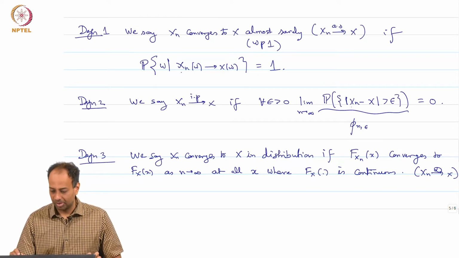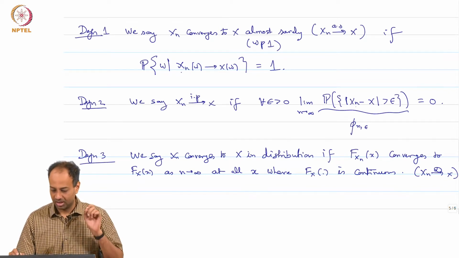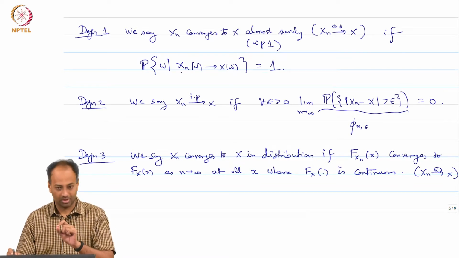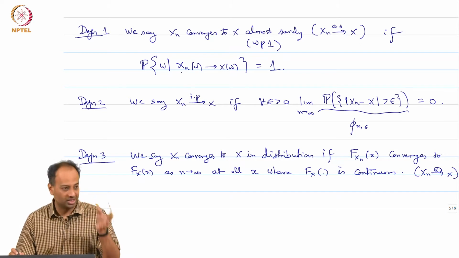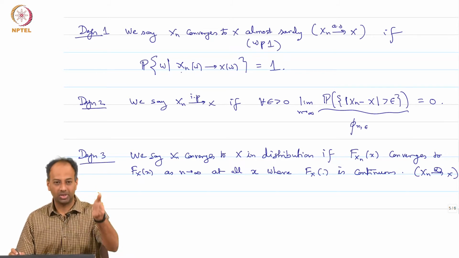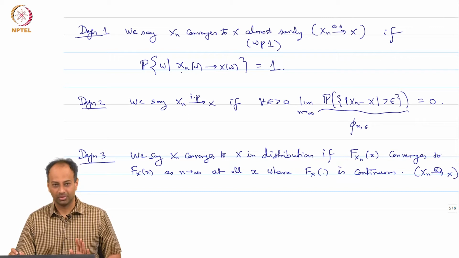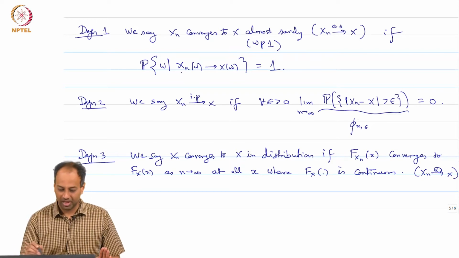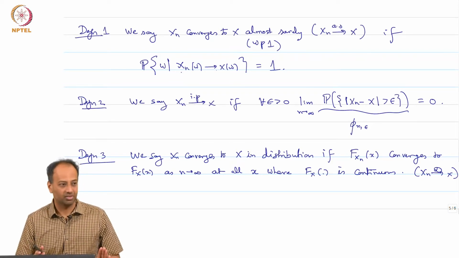This is some p n epsilon. For a fixed epsilon, this is a sequence of probabilities in n, and you want this sequence of probabilities to go to 0. So, in the second definition, it is the sequence of probabilities that is converging to 0, as opposed to the sequence of random variables themselves which are converging in definition 1.